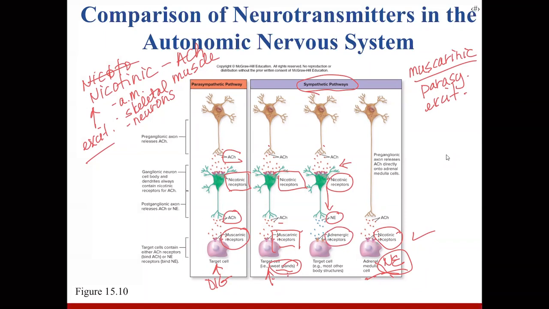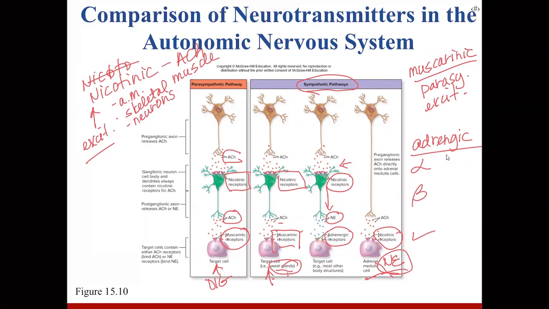So the adrenergic receptors, this is to me where this gets more confusing, right? We can have alpha and we can have beta, and then they're subdivided.